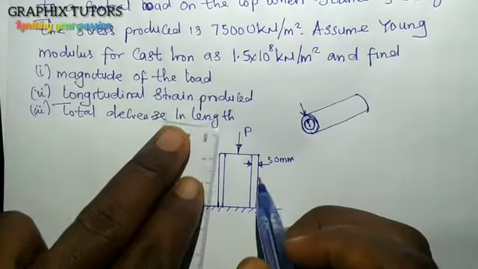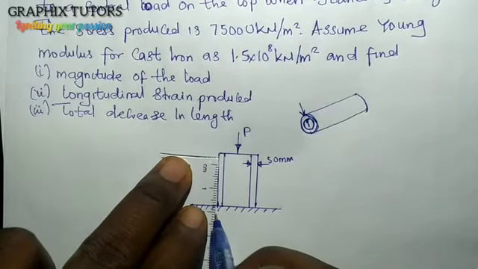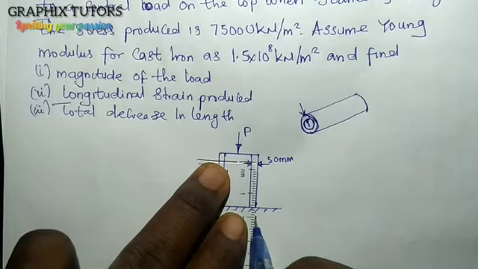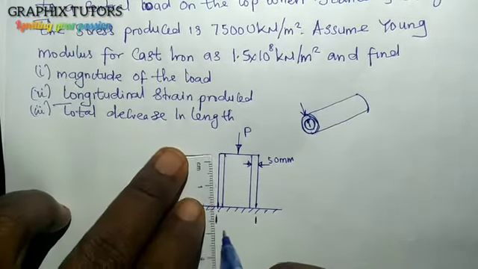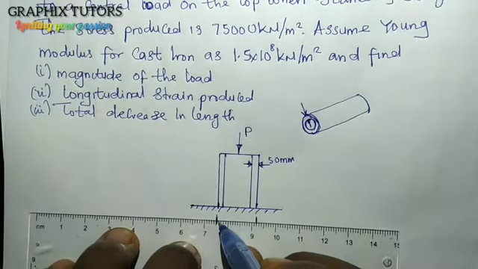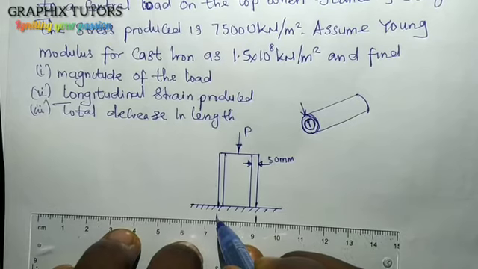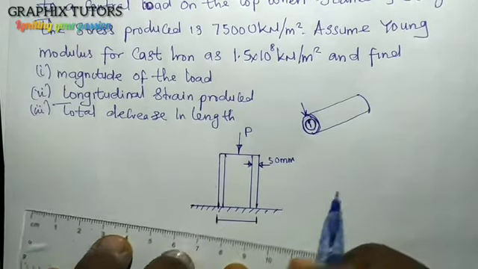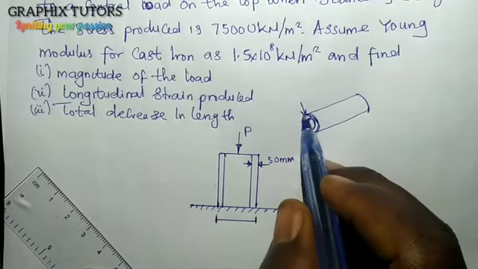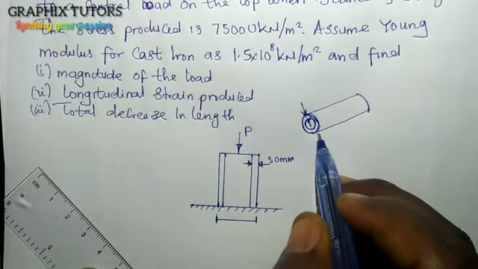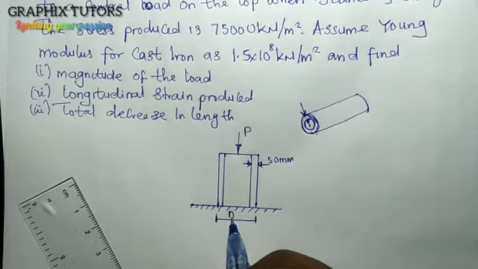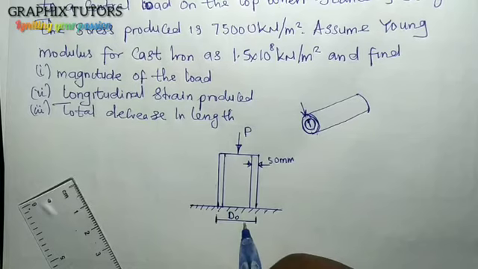And we're told that the distance from this point to this point is given as our outer diameter. That means the total distance from one end of the cylinder to the other end is our DO, which is our outer diameter.